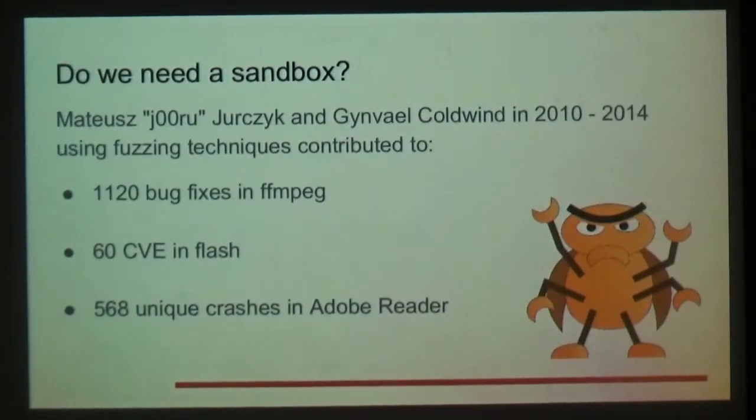Two of my colleagues, Gilbert Colvin and Mariusz Zaborski, did some testing around 2010-2014. And they came up with a lot of bugs from FLPG, for example, around 1,000 bugs. And most of the bugs were security bugs. And the same story was with Flash or with Adobe Reader.